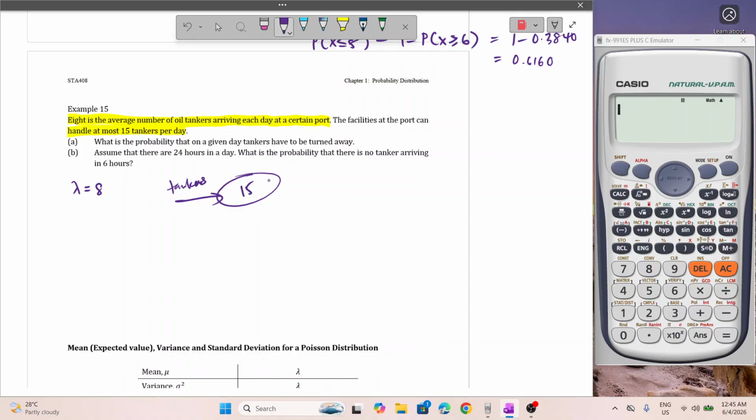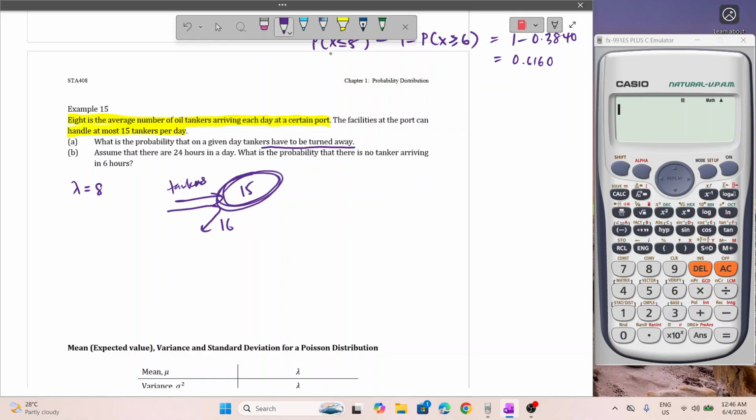So the question is, what is the probability that on a given day tankers have to be turned away? It means that the tankers go and then cannot enter the port. Instead, they need to be turned away. When? Of course, when the number of tankers is already 15, and the tankers that need to be turned away are the 16th and above.